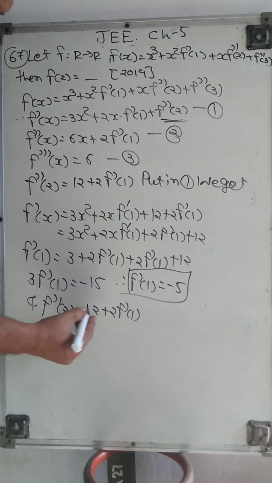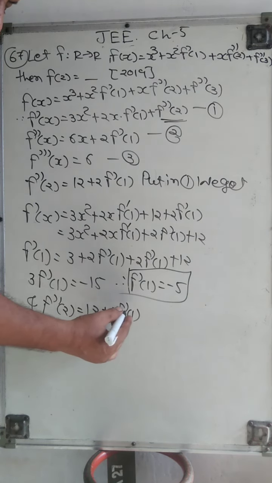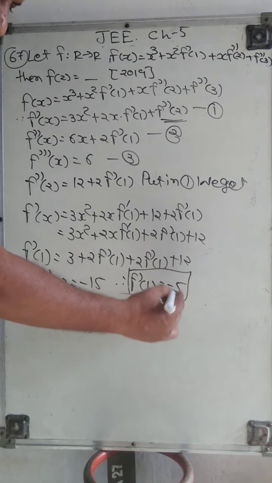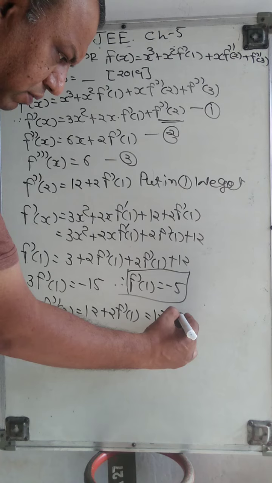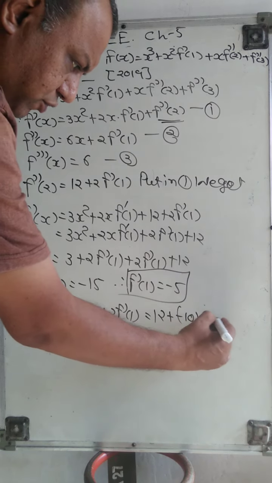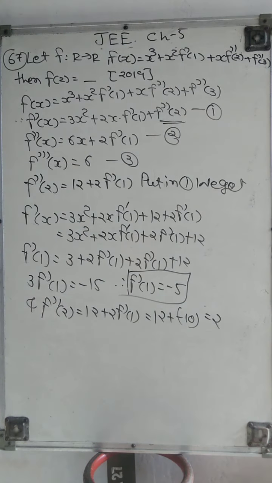And f double dash 2 is equal to 12 plus 2 f dash 1. Here we place the value of f dash 1 as minus 5. Then 12 plus minus 10, it is 2. So we find f double dash 2. Now we put this in f(x). Okay.